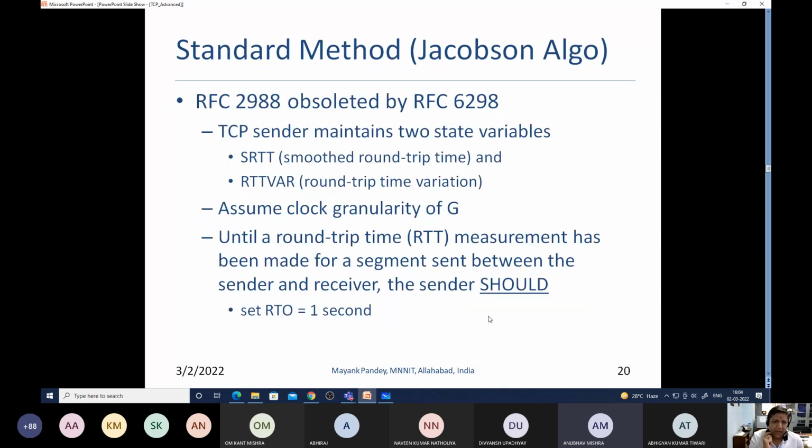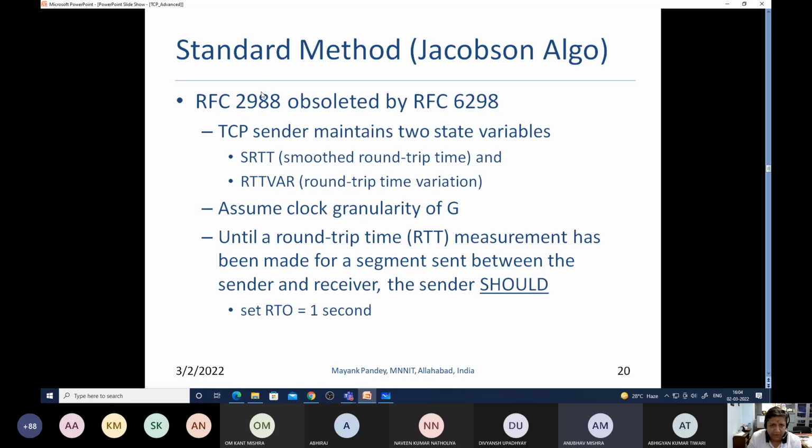Now, RTO value is calculated using RFC 6298.